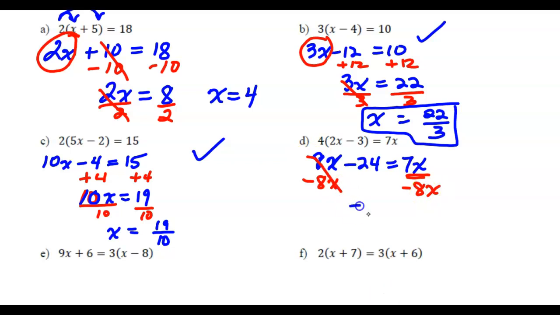It will give me a negative in this case. So 7 minus 8 is negative 1, so that's going to be negative x. And then I need to then divide by negative 1. Really, I'm just changing the sign. So now x equals positive 24.